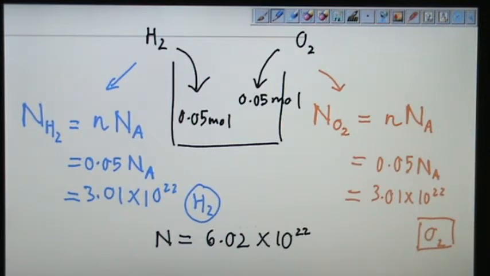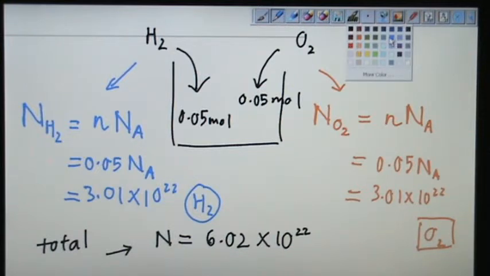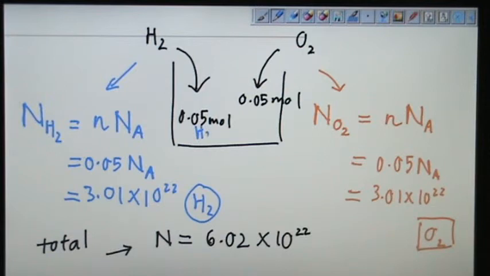Total in the container would be 6.02 times 10 power 22. Okay, it may look something like this. There are a combination of two things inside. Alright, so you have this one as well as you have this one.